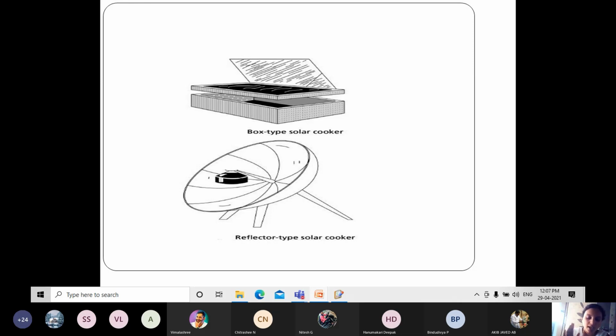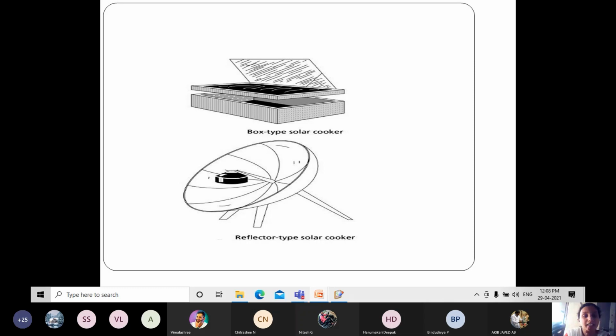Reflector type solar cookers concentrate the sun's radiation by a more or less parabolic reflector into a focal region. Reflective materials are used to concentrate light and heat from the sun into a small cooking area, making the sun's energy more concentrated.